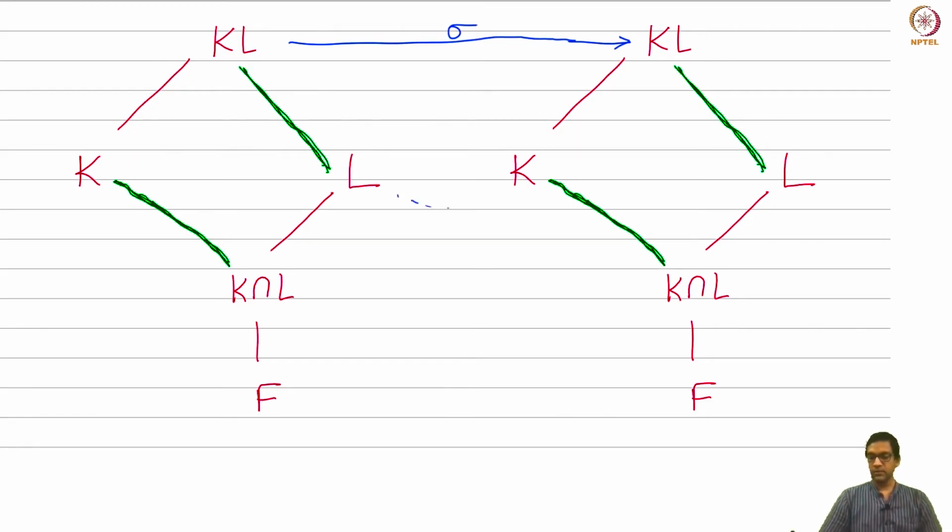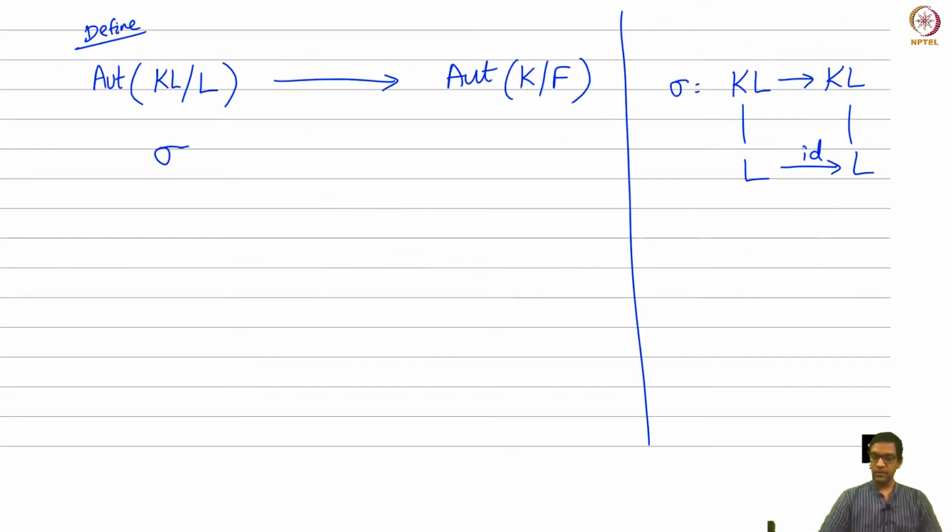So on L it is the identity. I'll just put a dot there to say it is the identity map. Now, how do I get a map? What do I need? I need a map from this to the set of automorphisms of K over F. Well, how do I get a map?